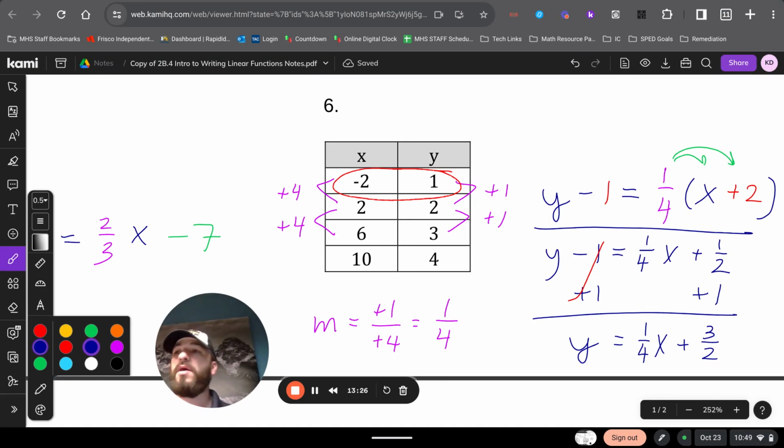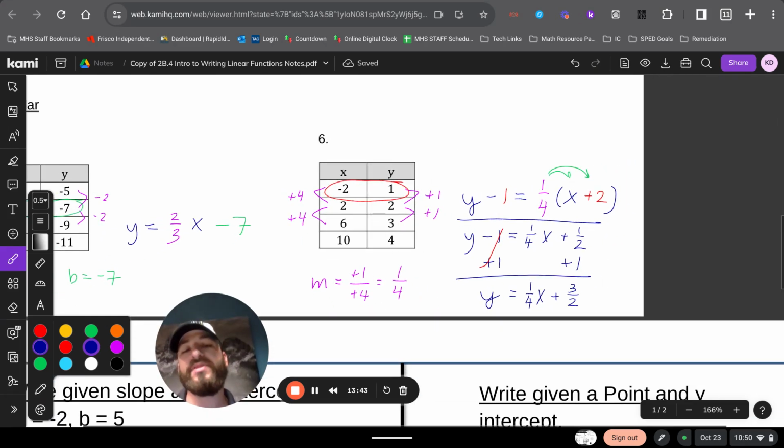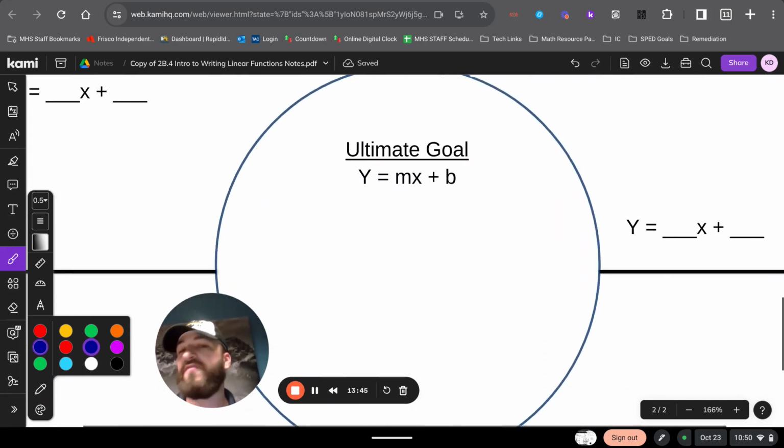Okay, so that's all the different ways the information could be presented to us: verbally, graphically, and from a table. Now let's pivot a little bit and think of all the different pieces of information we could be given. All of these really focused on being given the slope and points, but those can come in different ways.